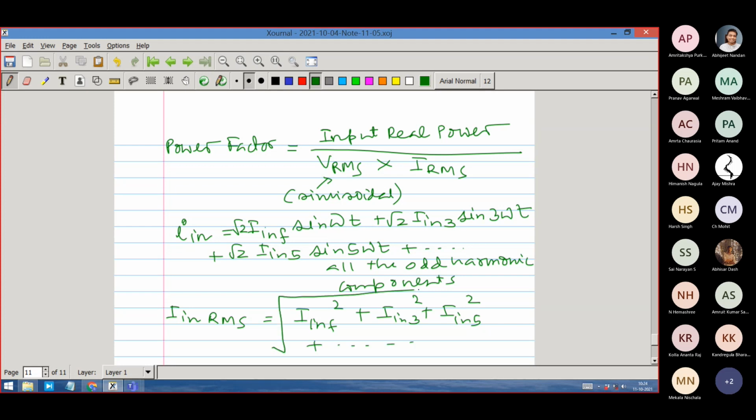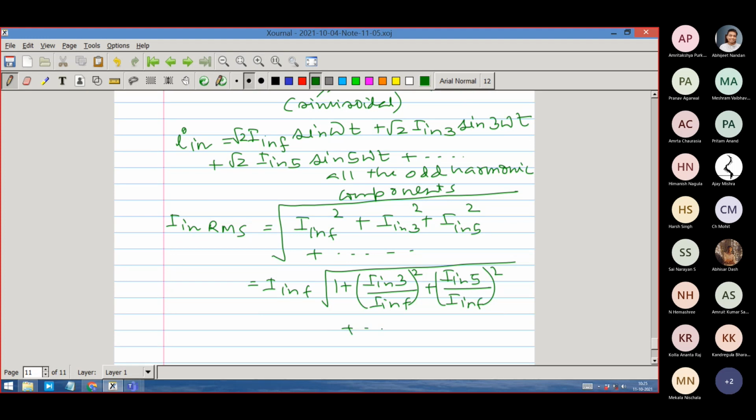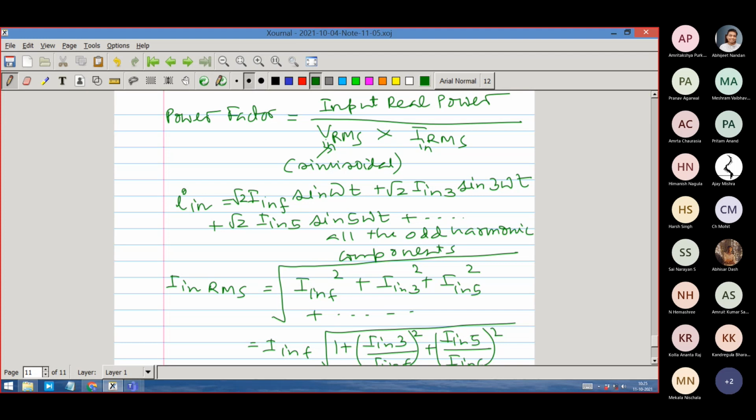So if you bring I in F outside, it will be something like 1 plus I in 3 by I in F, squared, plus I in 5 by I in F, F is fundamental, squared, and so on and so forth.